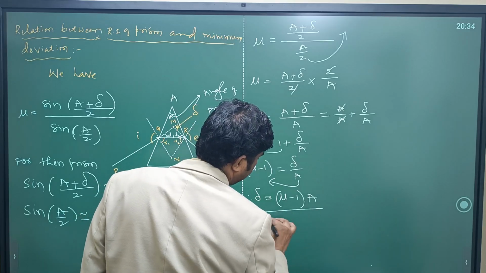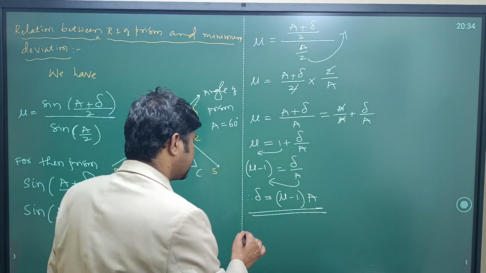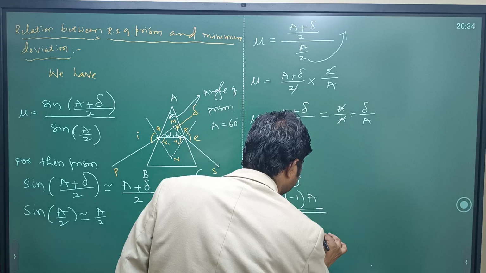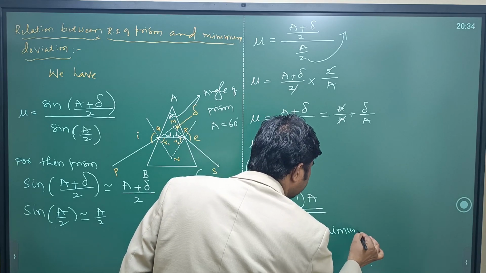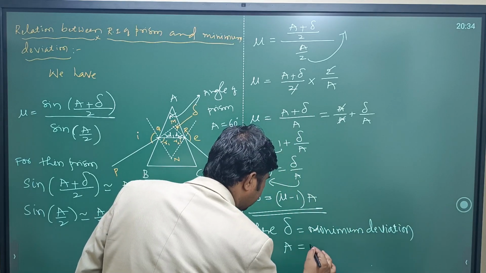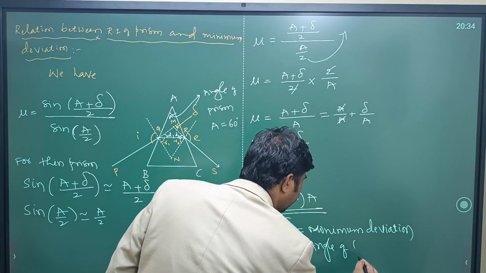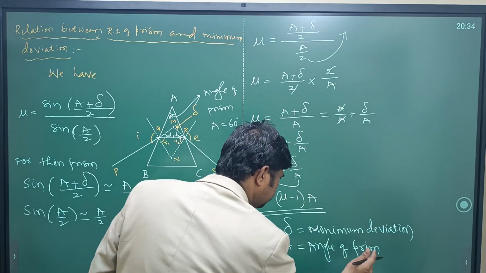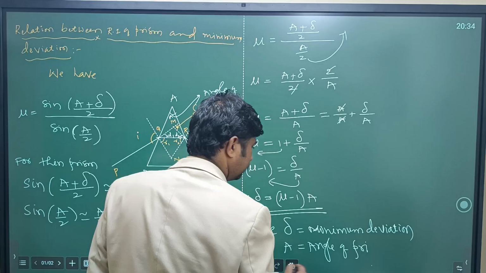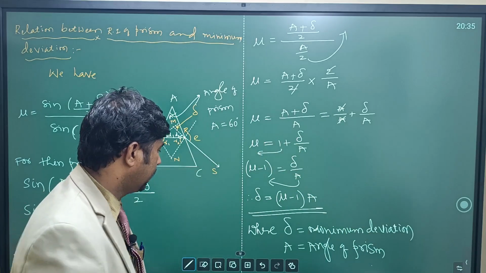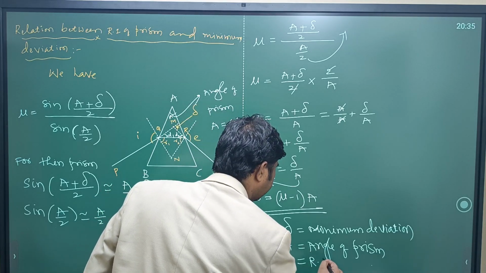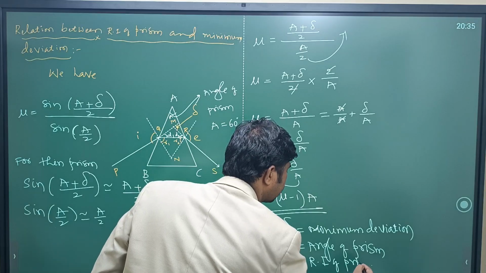So this is our relation, where delta is called the minimum deviation, A is the angle of the prism, and mu is the refractive index of the prism. Clear?